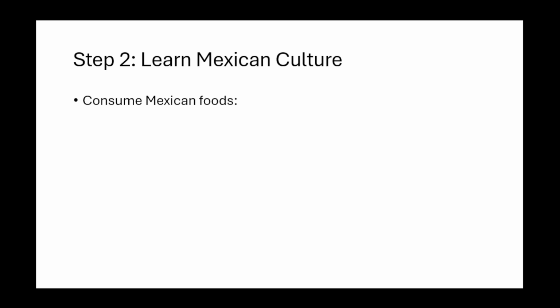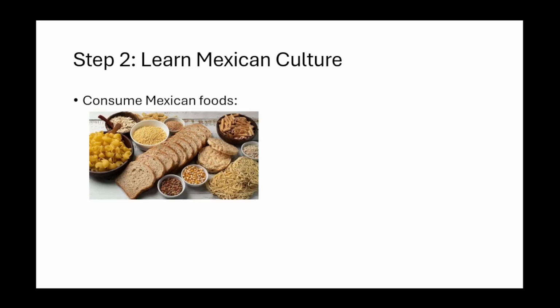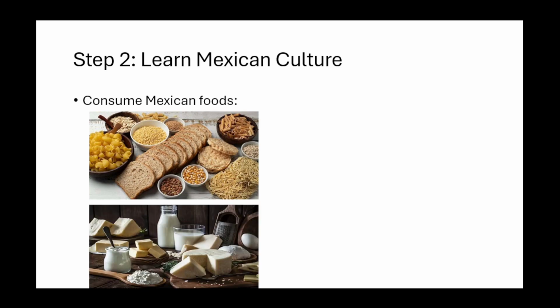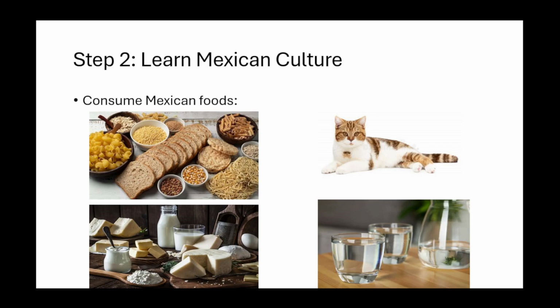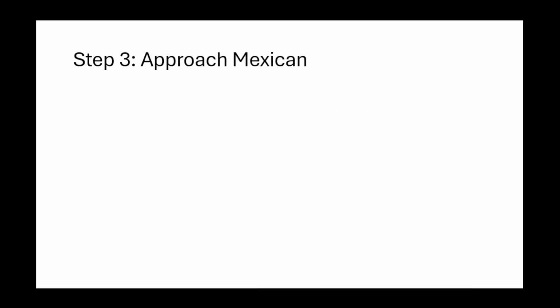Well, quite simply, Mexican food will often include carbohydrates, dairy, protein, and water. Those four things are staples in Mexican cuisine. You're very rarely going to see a dish without any combination of the four. So, in my opinion, quite important. So there you go. That's how you learn the culture.